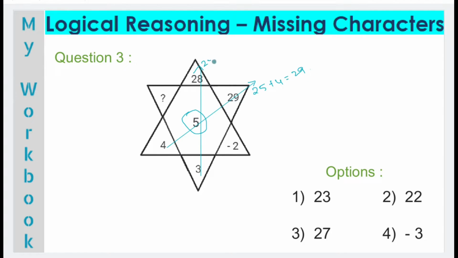Here it is 25 plus 3. Similarly, if we connect these 3 points, we should do 5 square, that is 25 minus 2, which will be 23. So answer is option 1, 23.